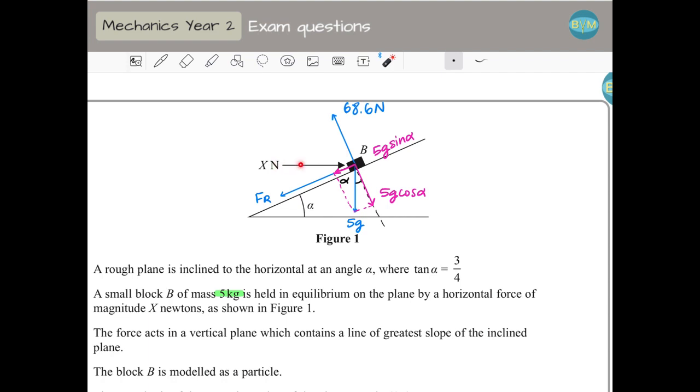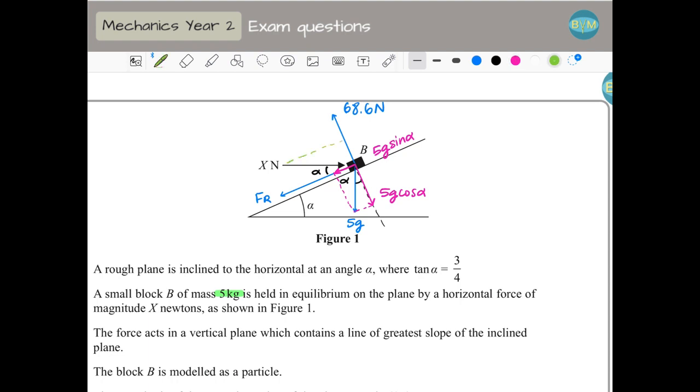And now the same with this one. So this is alpha, so alternate angles, this is alpha. So I'm going to find the components. I have one perpendicular to the slope component, and I think I'm going to use a different color so you don't mix them.